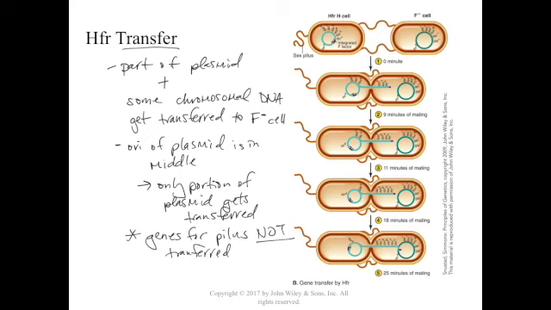And thus, at the end of conjugation between an HFR and an F minus cell, our HFR cell stays HFR. It's only giving a copy of its DNA away. And our F minus cell stays F minus. It does get new DNA. It receives some chromosomal DNA and some plasmid DNA, but it does not get the genes for pilus.